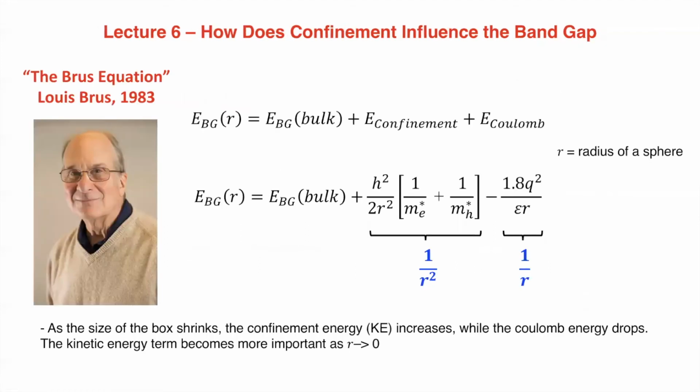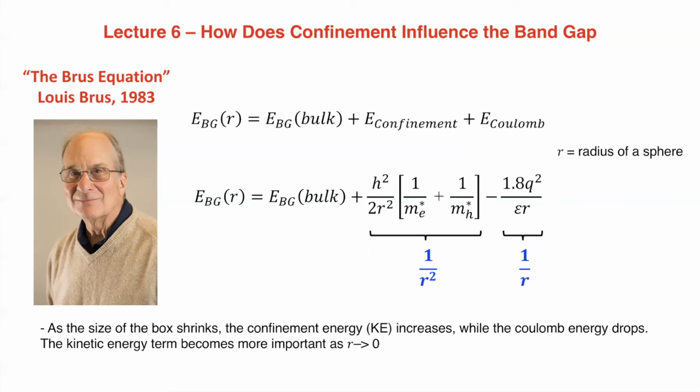Now, Lou Bruce, a faculty member in our own department, recognized this and formulated a theory to describe the band gap energy in a semiconductor, which is affectionately referred to as the Bruce equation.